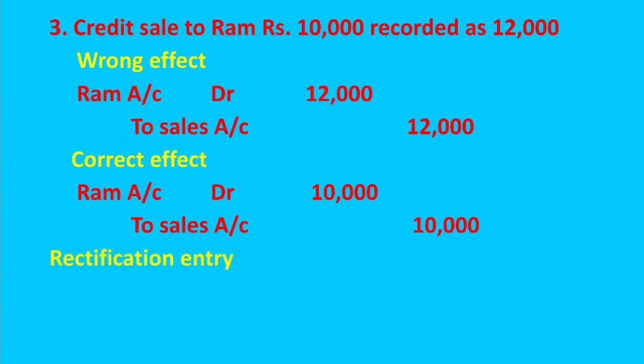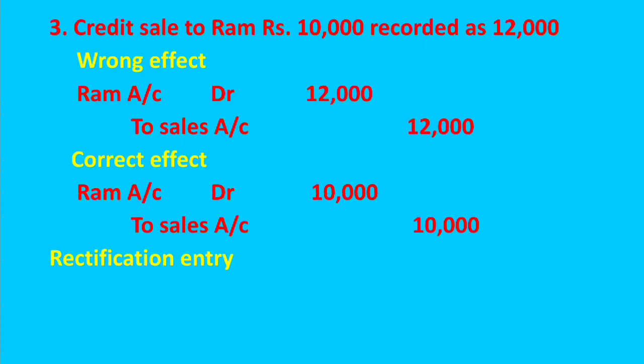We have to cancel the excess debit in Ram's account and excess credit in sales account. To cancel a credit, we can debit the same account. And to cancel a debit, we can credit the same account. Here we want to cancel the excess credit in sales account.